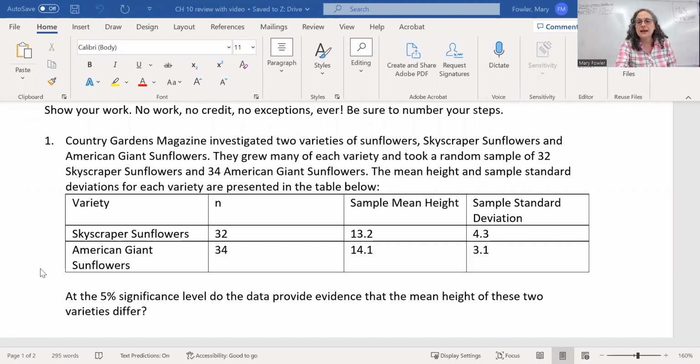And so the mean and sample standard deviations in each variety are presented below in this table. And the question is, at the 5% significance level, do the data provide evidence that the mean height of these two varieties differ? Okay.